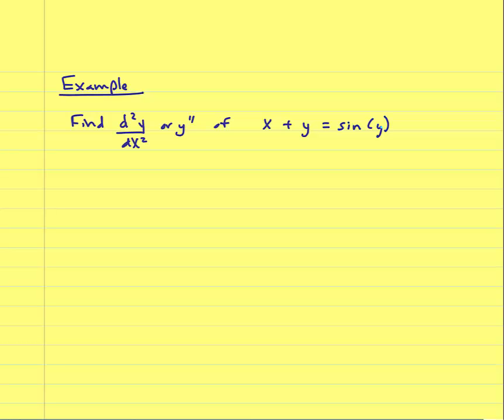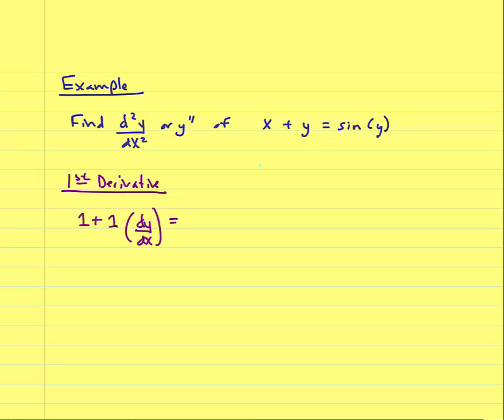Let's get started finding our first derivative, because to get to the second derivative, you need to start with the first one. The derivative of x is 1. The derivative of y is 1, but I took the derivative with respect to a variable other than x, so I need to tack on that dy/dx for our chain rule.